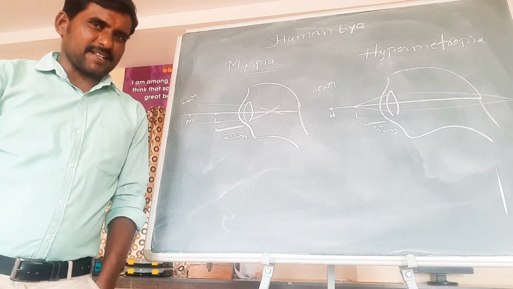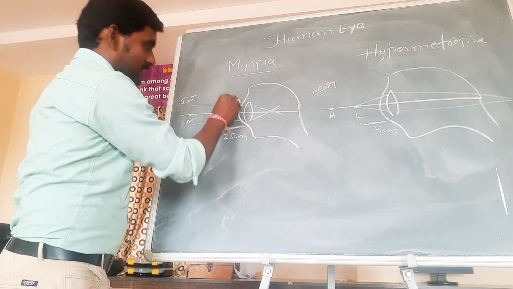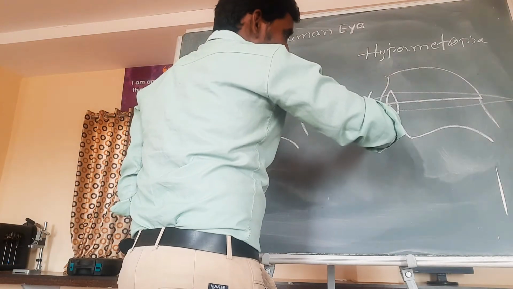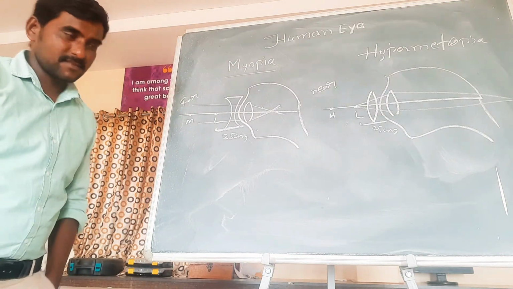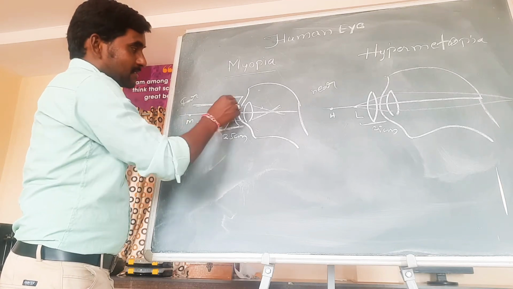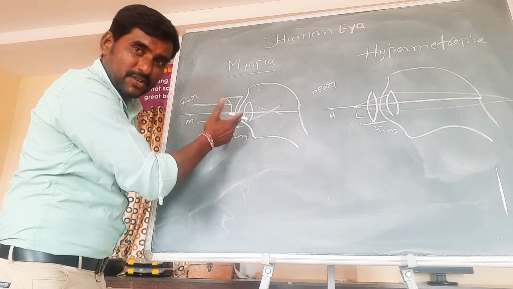To correct these defects, myopia can be corrected by a concave lens, and hypermetropia is corrected by a convex lens. So this is the infinity object. When it falls on the lens, it diverges because it is concave.